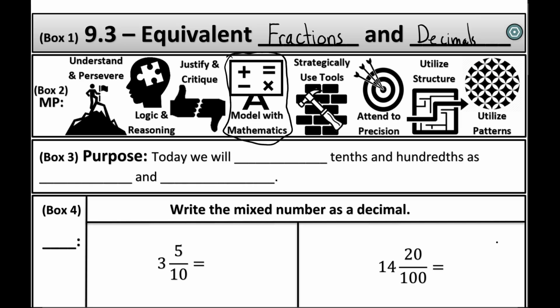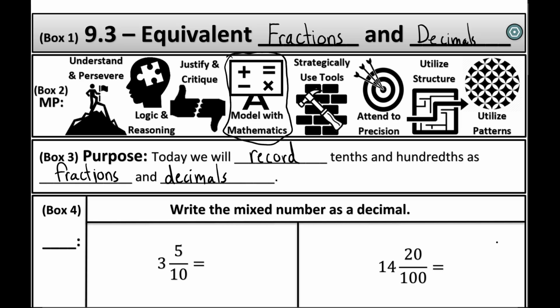Okay, and for Box 3, our purpose, today we will record tenths and hundredths as fractions and decimals. Okay, give you some time.